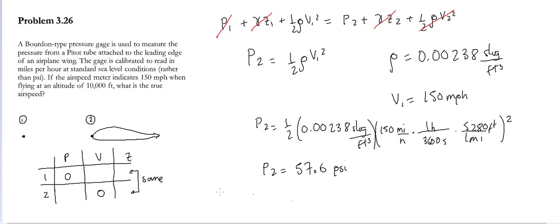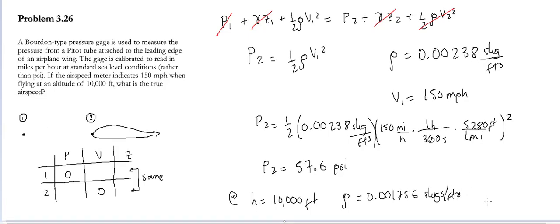Now we're going to find the conditions at that particular altitude. At the altitude of 10,000 feet, the density is now equal to 0.001756 slugs per feet cubed. So we are going to substitute this density into the equation and solve for the velocity.